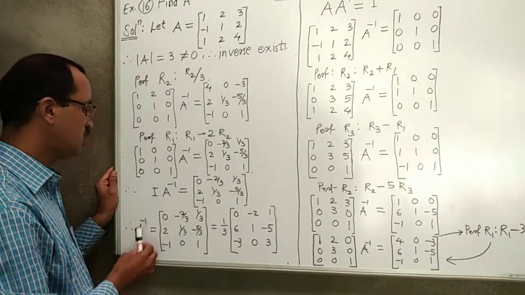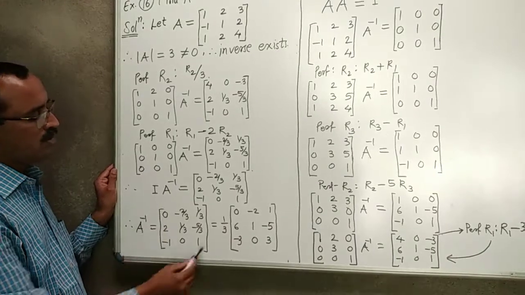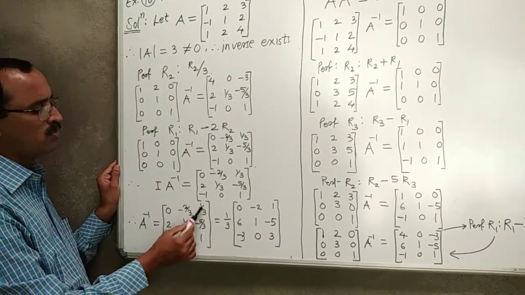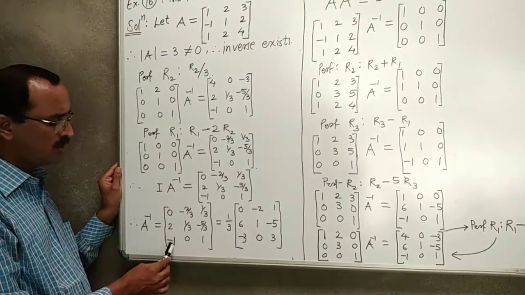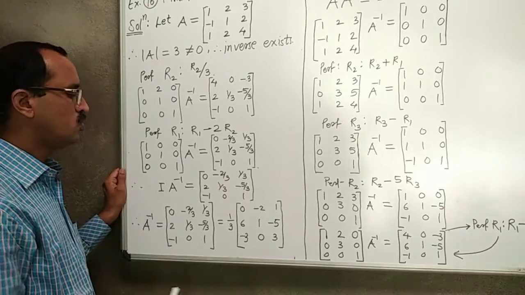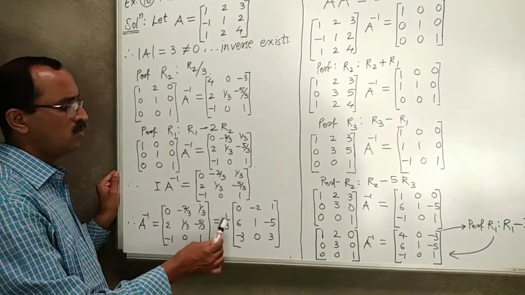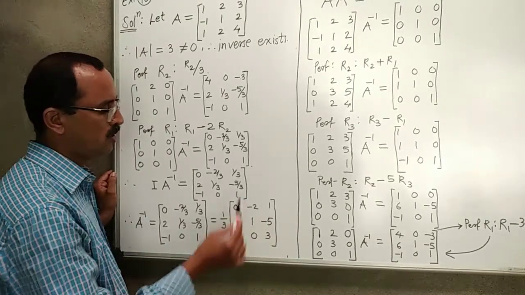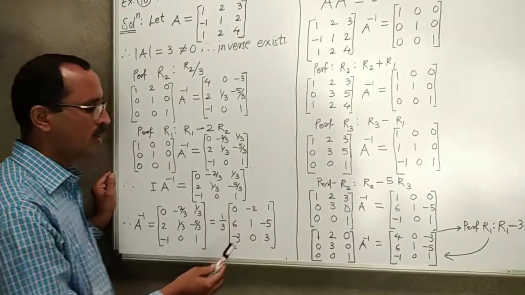So I into A inverse means A inverse, which is equal to, final, the inverse of the given matrix is 0 minus 2 upon 3, 1 upon 3, 2 1 upon 3, minus 5 upon 3, minus 1 0 1. If we take 1 upon 3 common from this matrix, then we get 1 upon 3 into matrix 0 minus 2 1, 6 1 minus 5, minus 3 0 3.